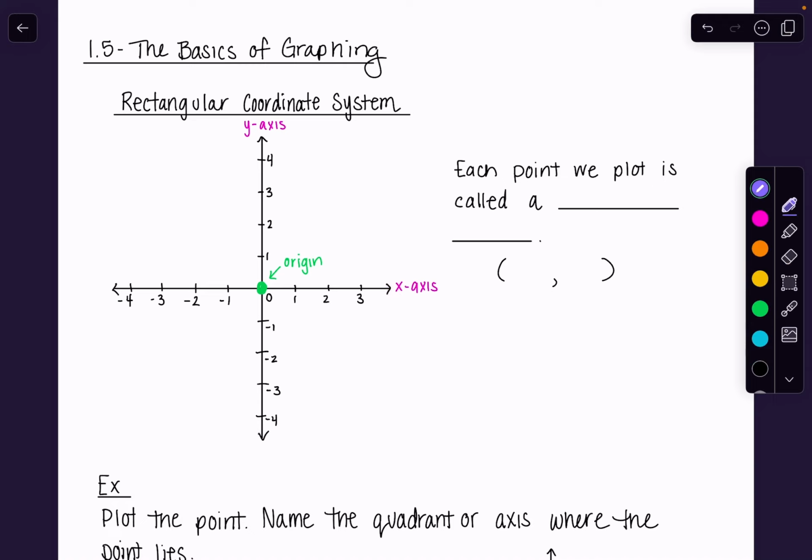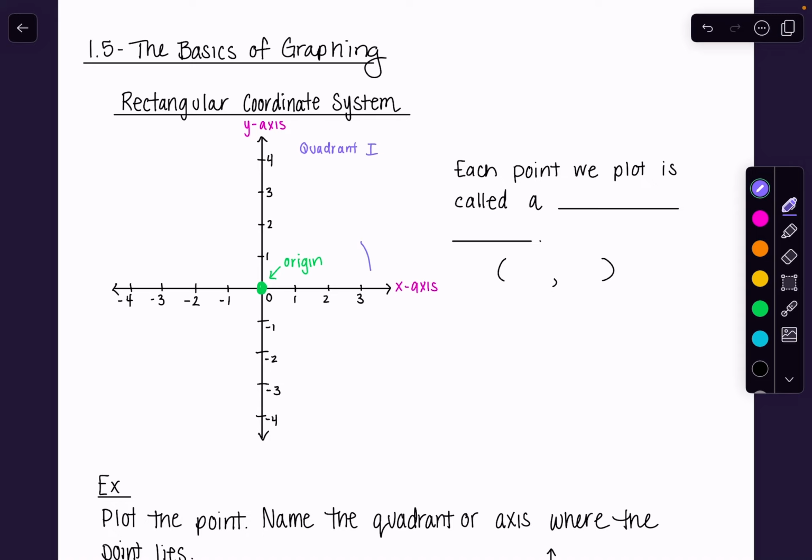Now in math, you're really used to working clockwise, but math is going to be the opposite. So our first quadrant is going to be the one where both moving is considered positive. So to the right in the x and up in the y direction. So that is quadrant 1. We use Roman numerals.